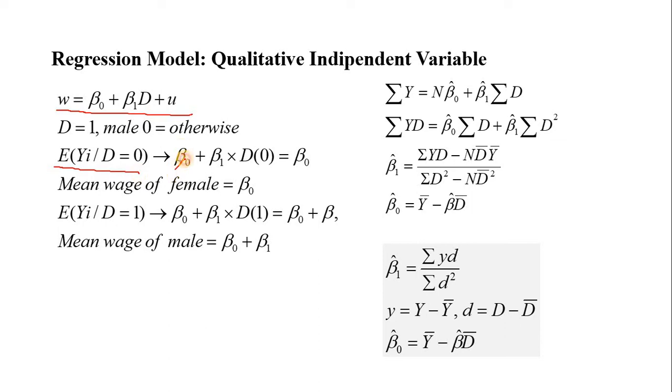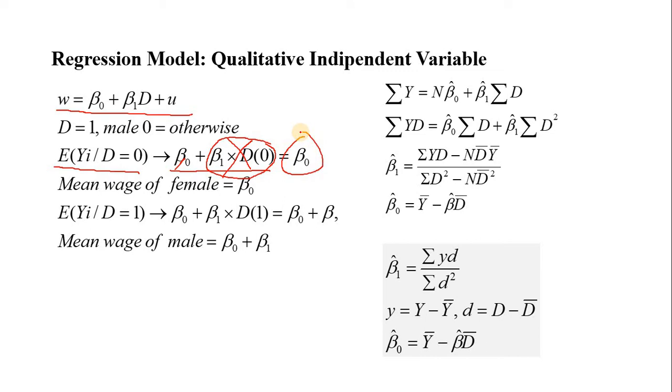Beta 0 plus beta 1 D is equal to 0. So beta 1 into 0 is 0. What remains is beta 0.